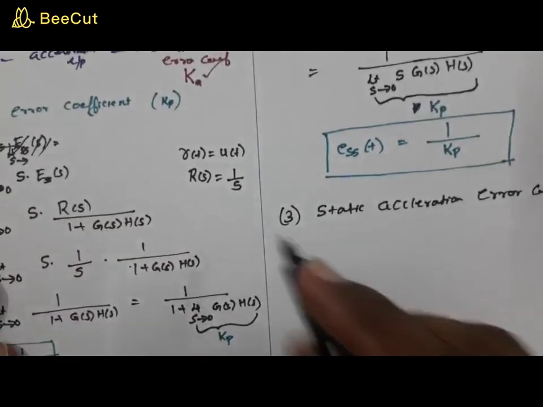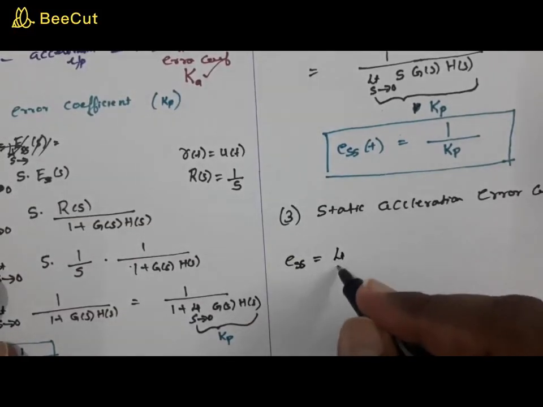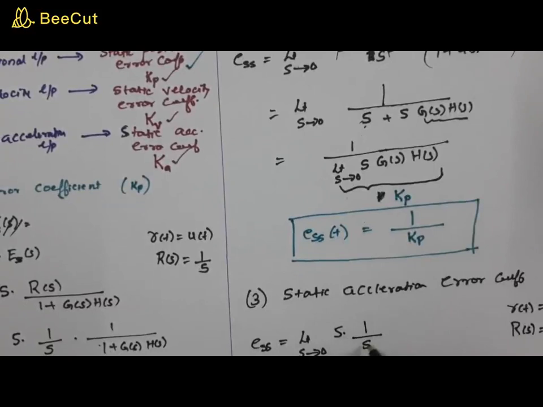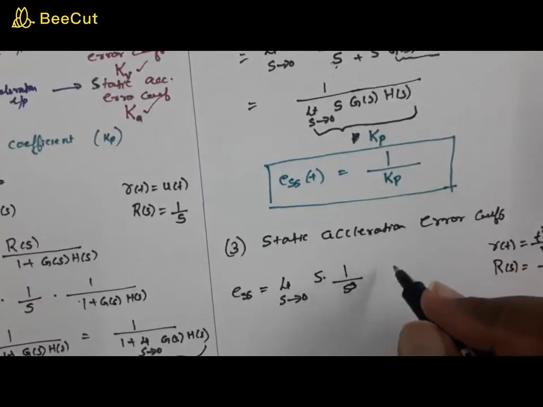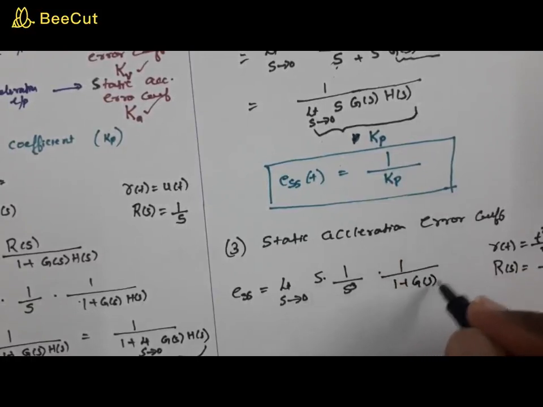Applying this in the equation, e_ss is equal to limit s tends to 0 of s into R(s). What is your R(s)? It will be 1 by s cube, so s into 1 by s cube into 1 by (1 plus G(s)H(s)).